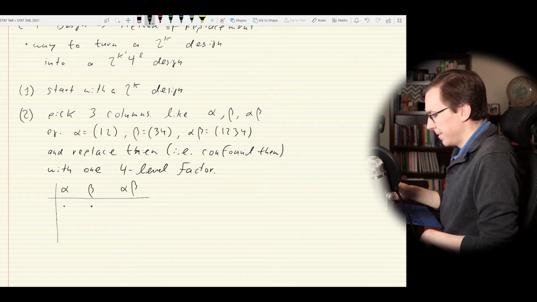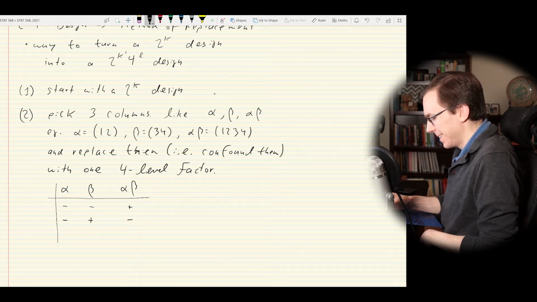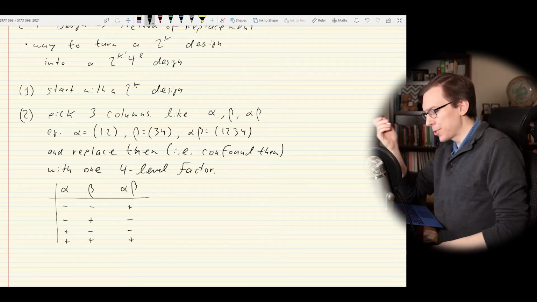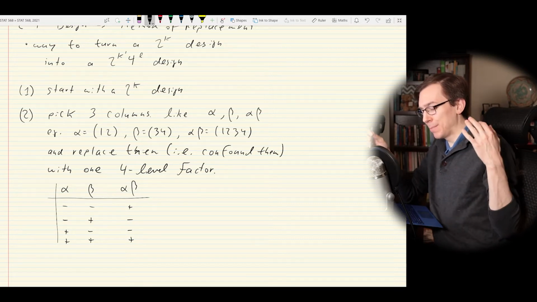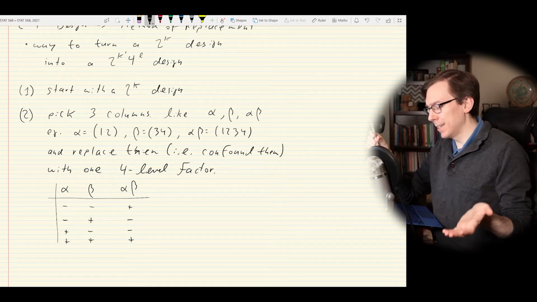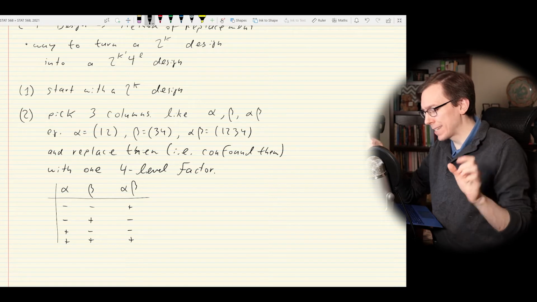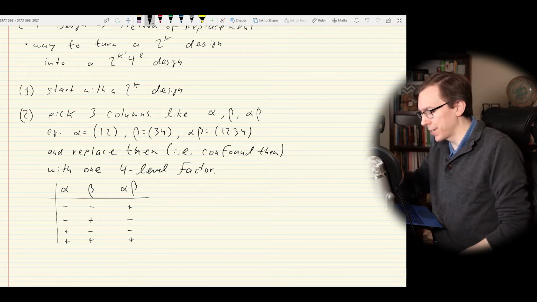We'll do minus, minus, plus, minus, plus, minus, plus, minus, minus, and plus, plus, plus. So, if you have a setting for column alpha and a setting for column beta, which is either plus or minus, then you know what the setting for alpha beta is going to be. It's going to be the product of the 2 of them.